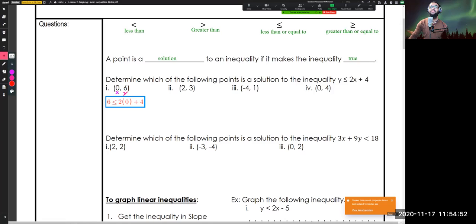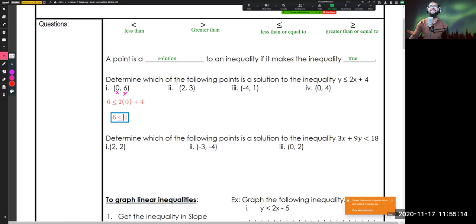When I go to solve this, I have 2 times 0. 2 times 0 is 0 because any number times 0 is 0. And what I'm left with is 6 is less than or equal to 4. Is that a true statement?